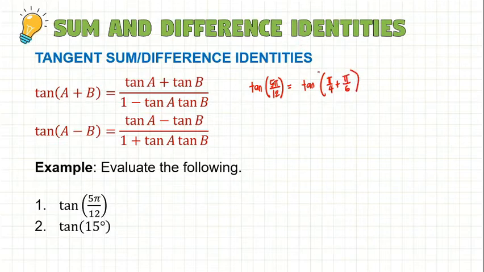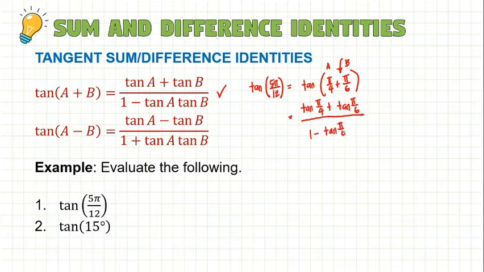Okay? Now, using the first formula, since we have sum of two angles here, we will have tangent of A. So our A is 45 while our B is pi over 6. So we have tangent of pi over 4 plus tangent of pi over 6 all over 1 minus tangent of pi over 4 times tangent of pi over 6.